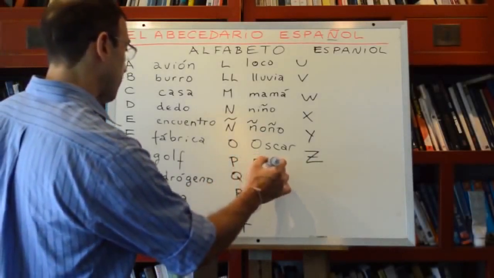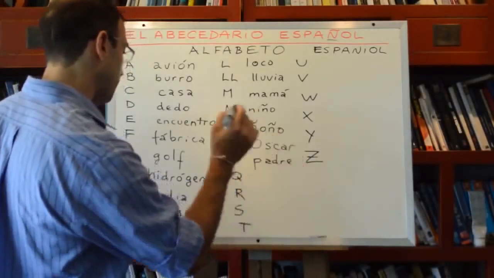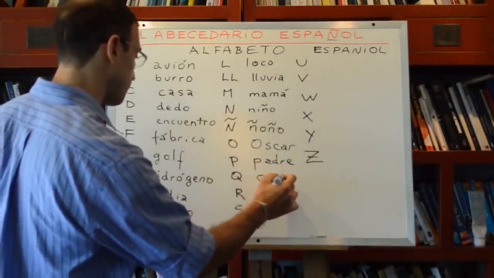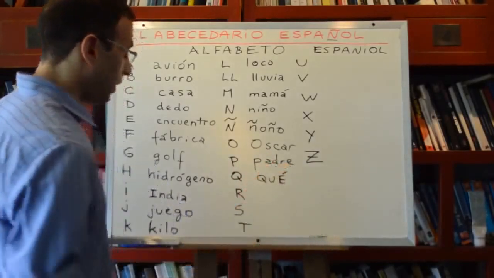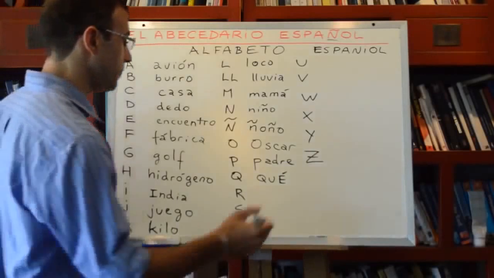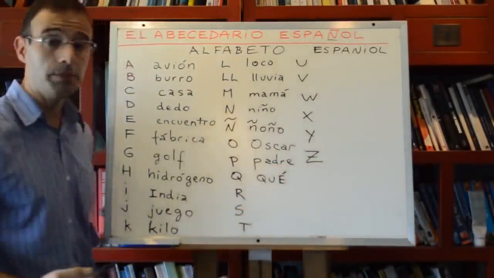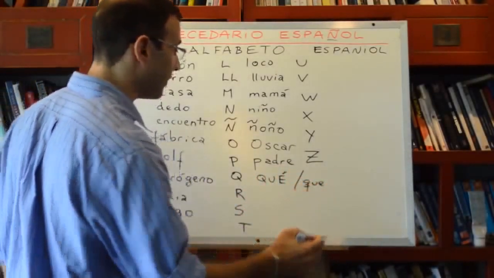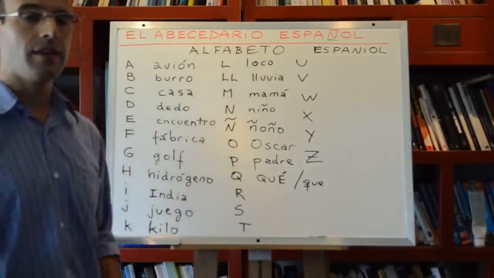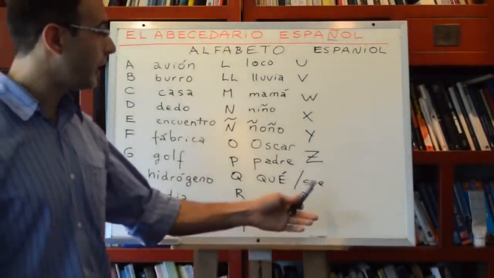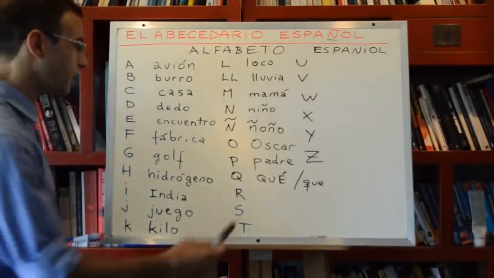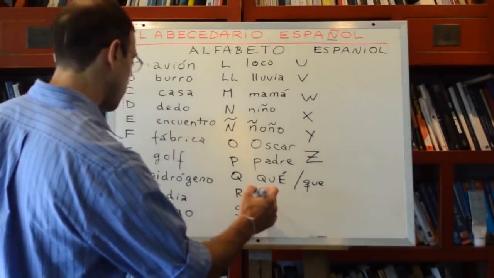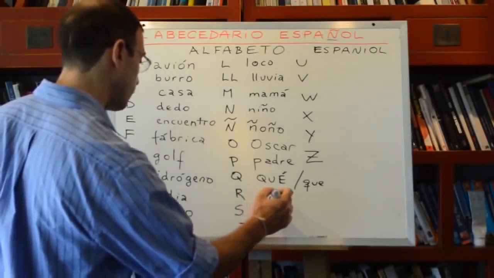With P we have padre, for father. Qué, for what? There are two words que in Spanish. With the accent, it means what. Without the accent, it means that. Yo dije que blah blah blah. So these are two different words. With R we have río for river.